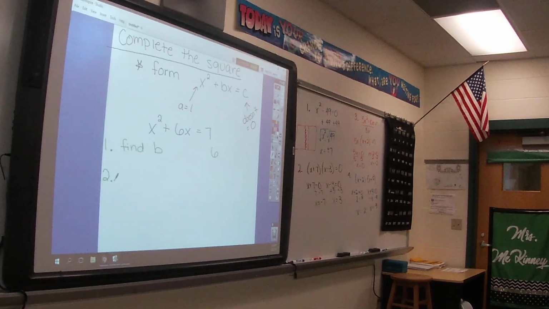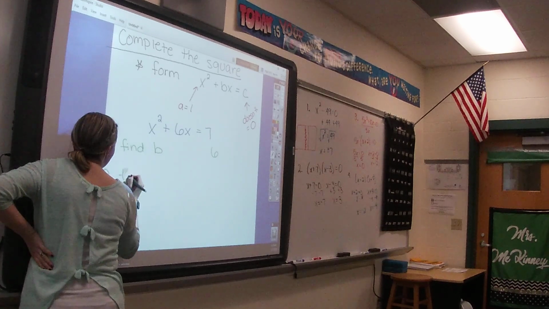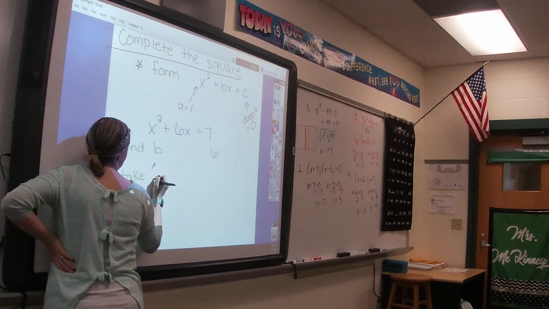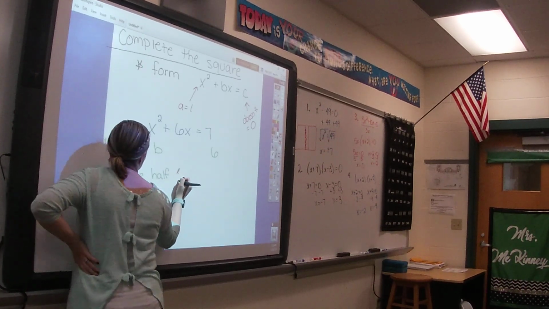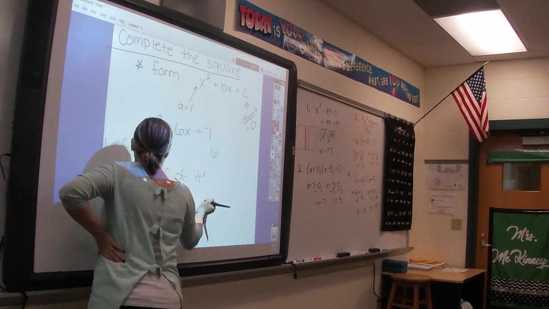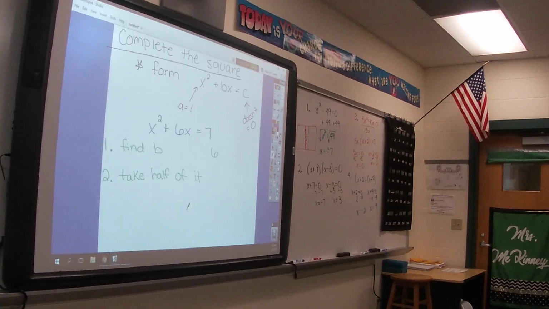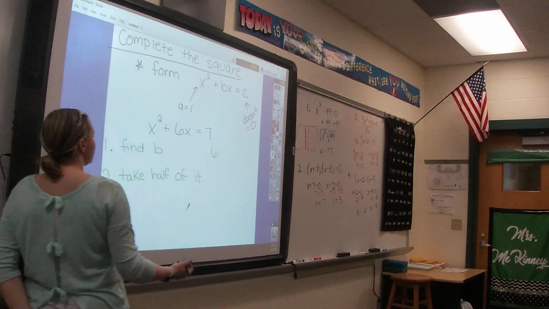Step 2: we are going to take half of that. Taking half of a value is the same thing as dividing it by 2. So 6 divided by 2 is what? 3.